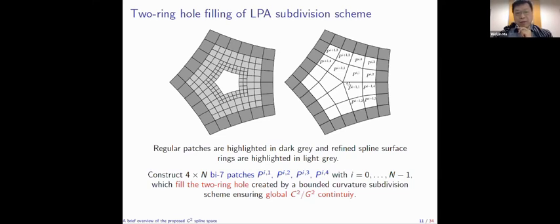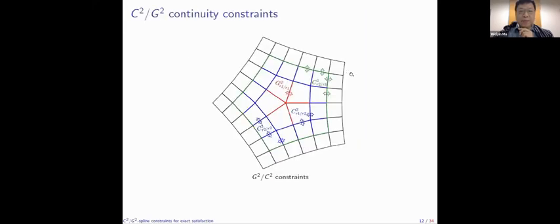I think for this region it should be G2. Basically, we will construct such a spline space where along these edges we can achieve G2. However, along some other edges, it should be C2.